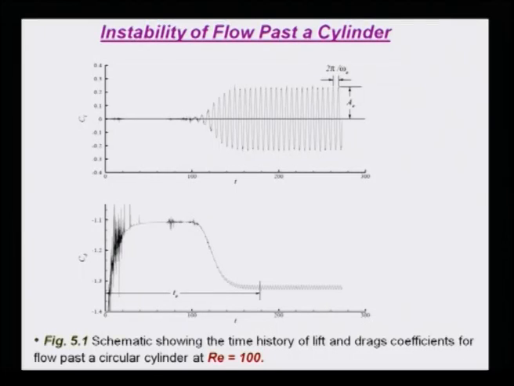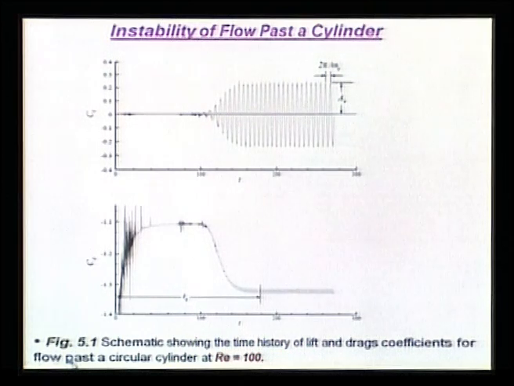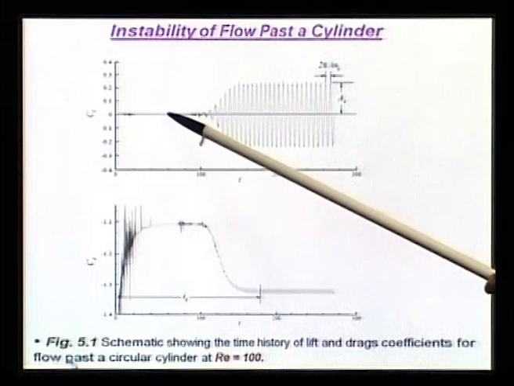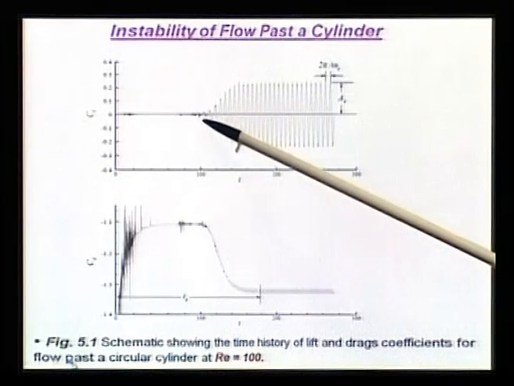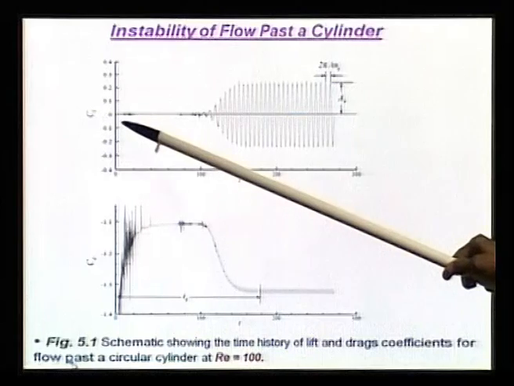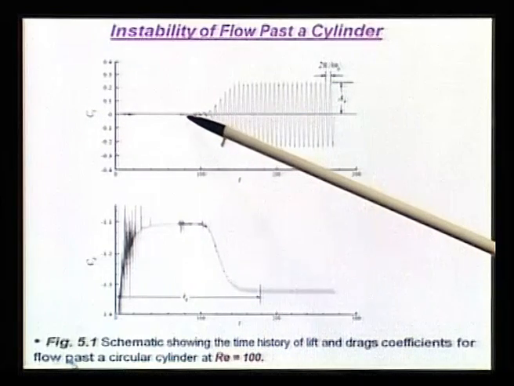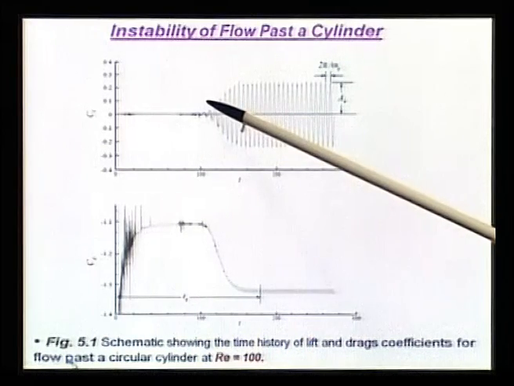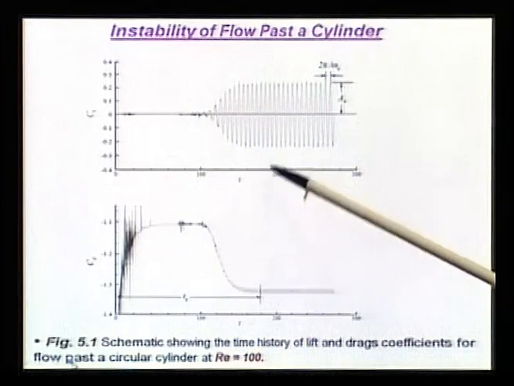We showed that if we compute the flow for a circular cylinder at Re equal to 100, this is how we see it. Initially we do not have shedding, and the lift coefficient CL remains more or less flat, barring the very high frequency oscillations that you see in the CL versus time plot.